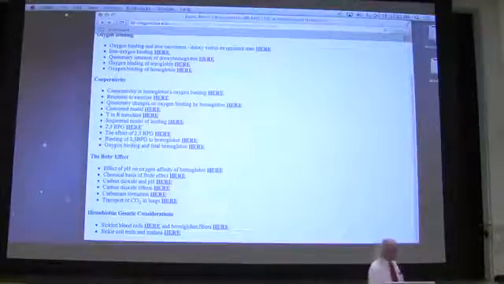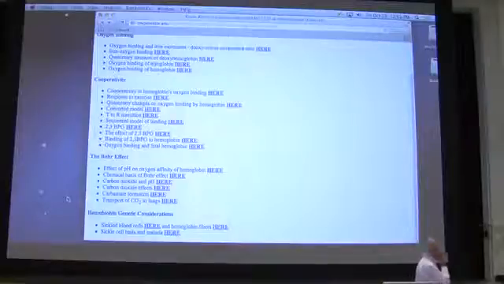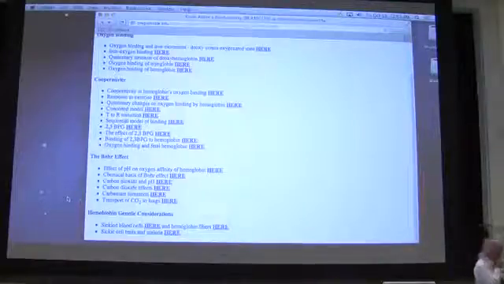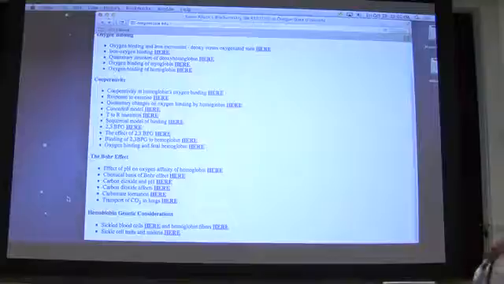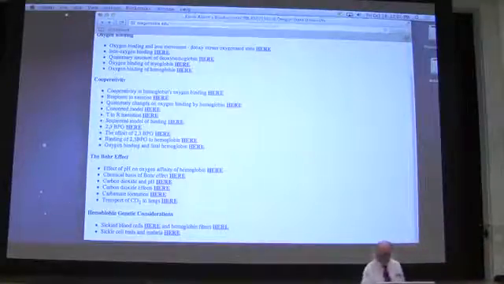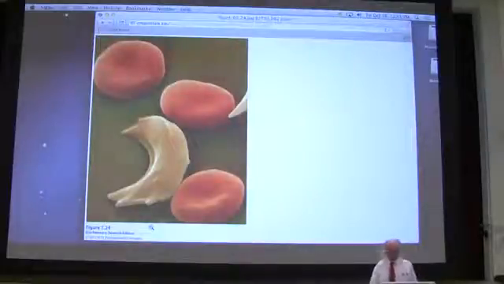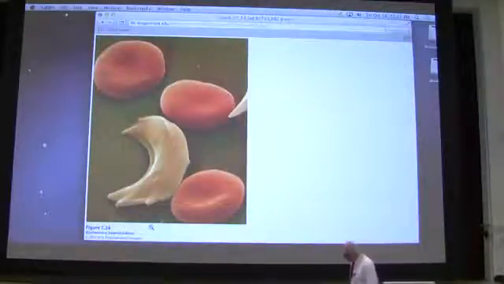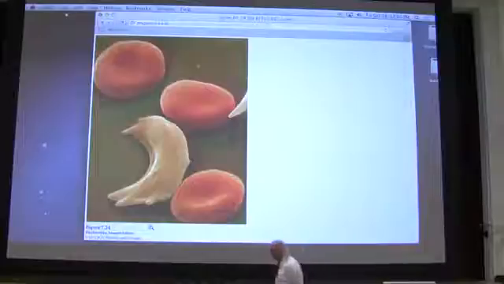Well, there's one last thing about hemoglobin that I want to mention, as if it wasn't remarkable enough already. And that actually relates to sickle cell anemia. Sickle cell anemia is a genetic disorder that can arise in a variety of ways.